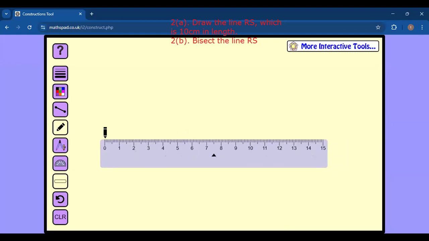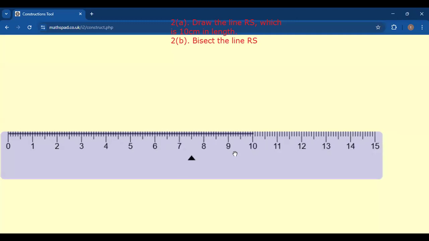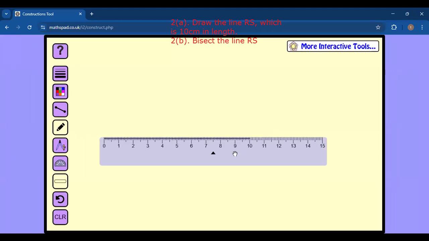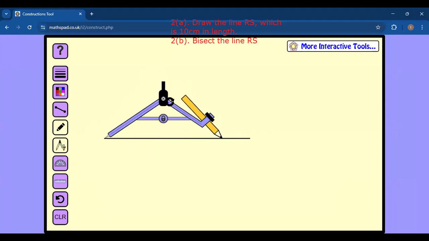It's gonna be from here to 10. Let's measure that carefully. This is 10 centimeters. Good. And then we go here. This is about 75% of the way right here.